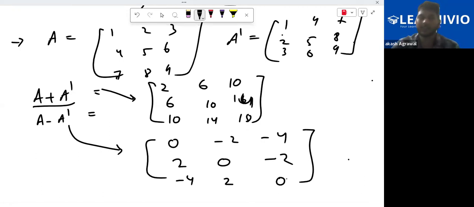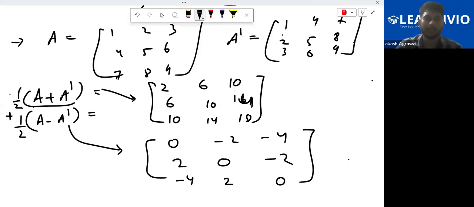So this fact is established that A plus A transpose is always a symmetric matrix. A minus A transpose is always a skew symmetric matrix. Now please find half of this and half of this and add them up. Okay, multiply half and half on both the matrices, then add it up.